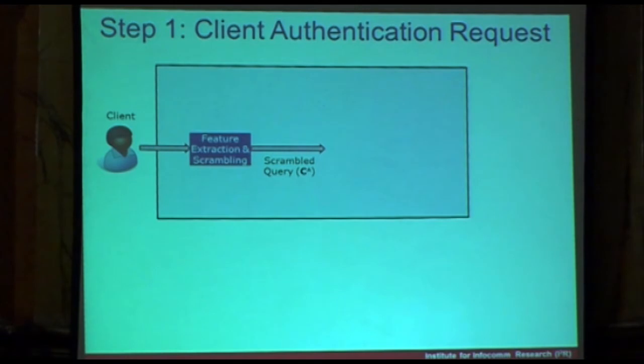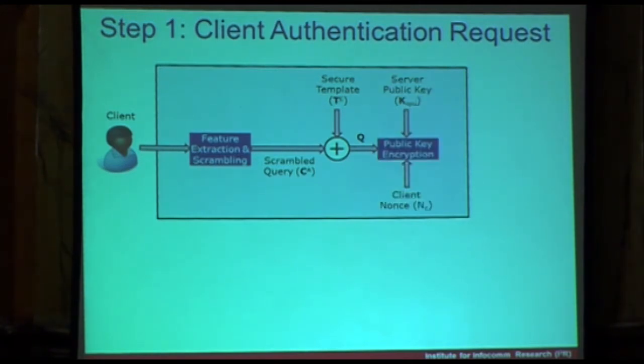The client authentication request basically starts off with obtaining the biometric data and doing the same thing: feature extraction, dividing into components, and then shuffling them. And then this is combined with this secure template to generate this quantity Q, which can be encrypted using the public key of the server, along with some nonce information, to get the client authentication request.